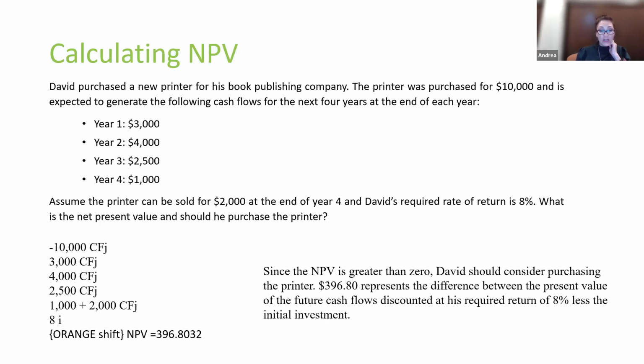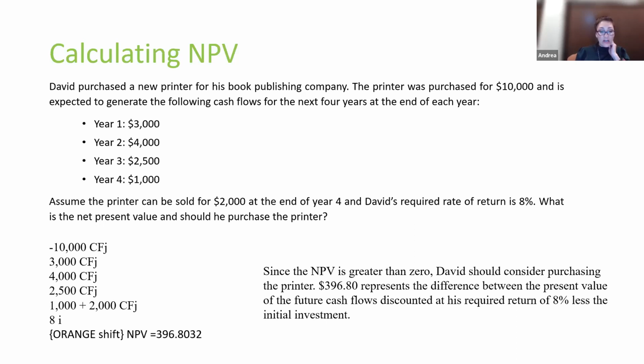Now in year 4, not only is he receiving that $1,000, but he's also selling the printer for $2,000. So you add the 1,000 and the 2,000, which is $3,000. So $3,000 is that fourth cash flow that you're putting in.